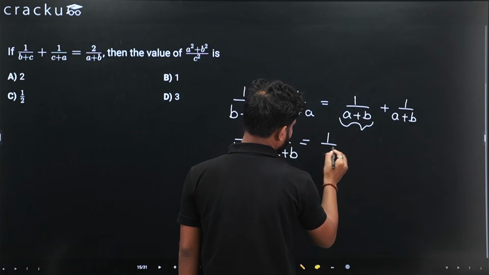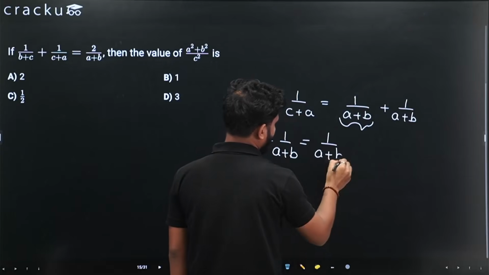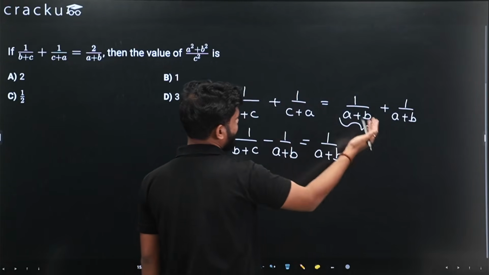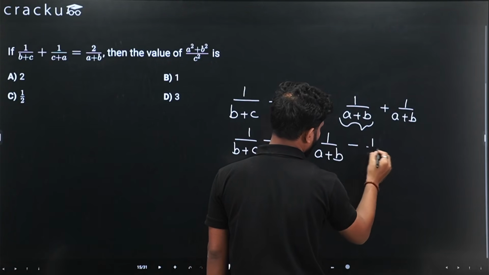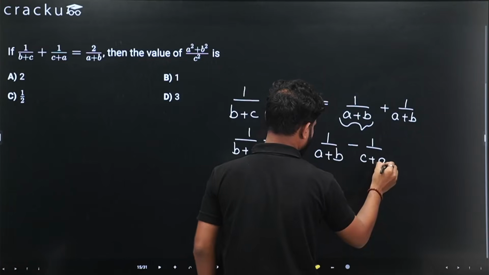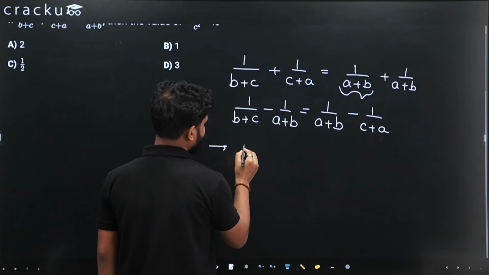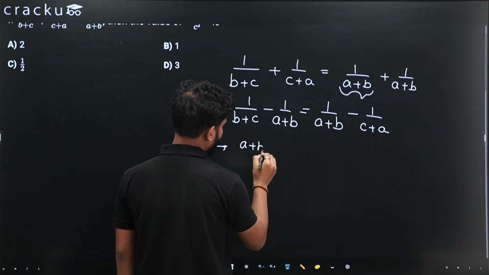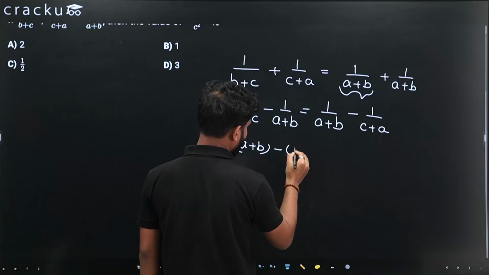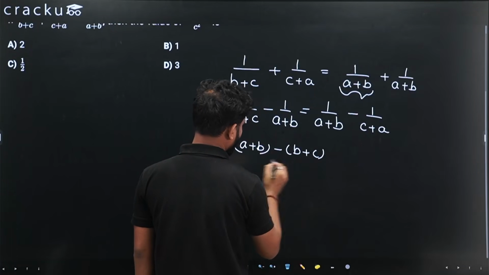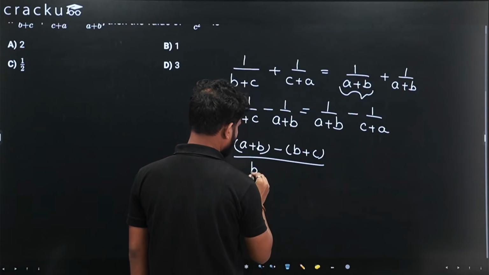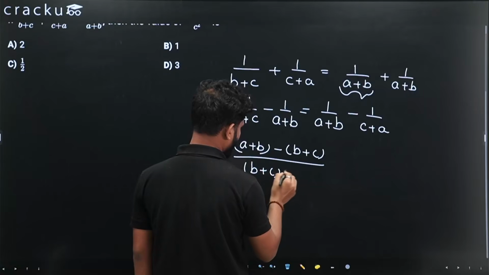This 1 upon A plus B here, and this 1 upon C plus A I will take to that side. So it will be 1 upon C plus A. What is this? This is A plus B minus B plus C upon B plus C into A plus B.